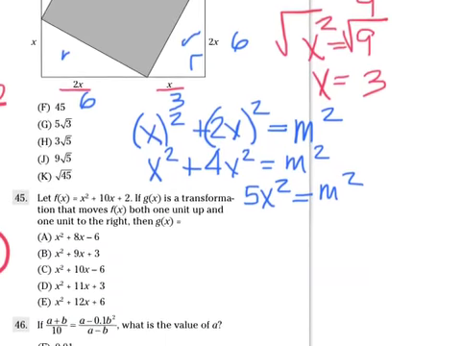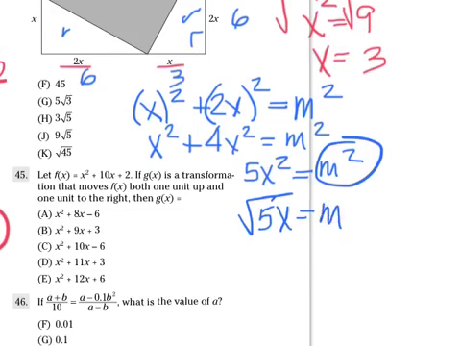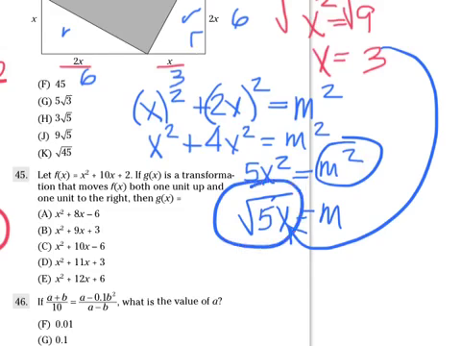Well, here's what we can do next. If we solve for, we're solving for this, remember that. In terms of that, we'll have square root of 5x equals m. So if that's the case, then what you can do is insert the 3 that we had for x before. If m is one side, then what is going to be the area of the whole square?